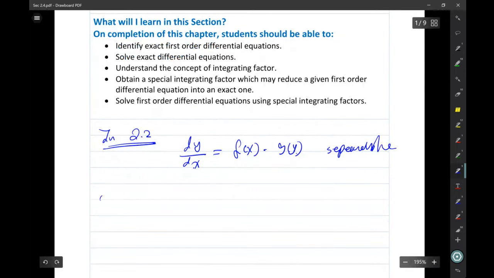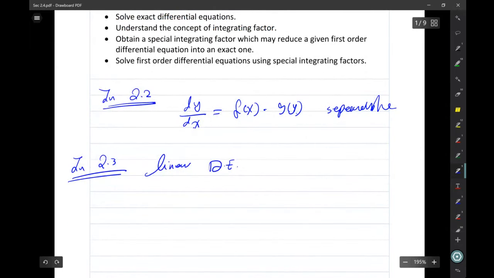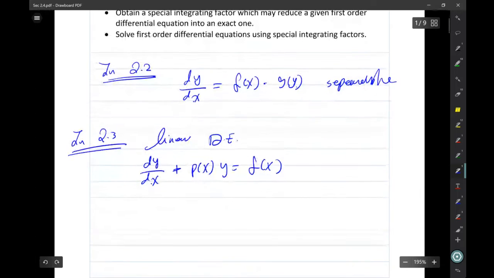In section 2.3, we studied the linear differential equation, which is written in the form dy by dx plus a function p of x times y equals another function f of x.